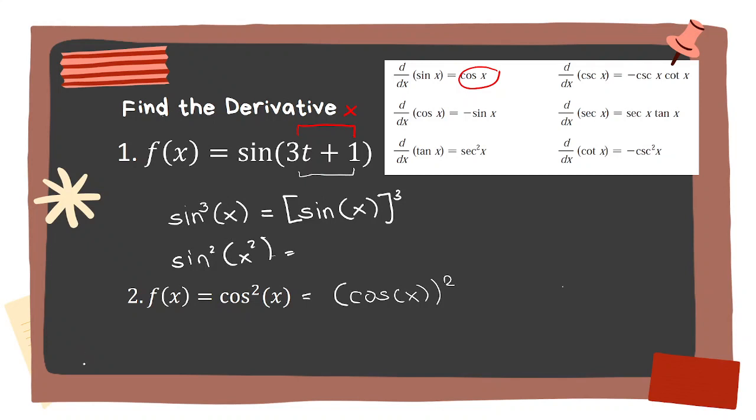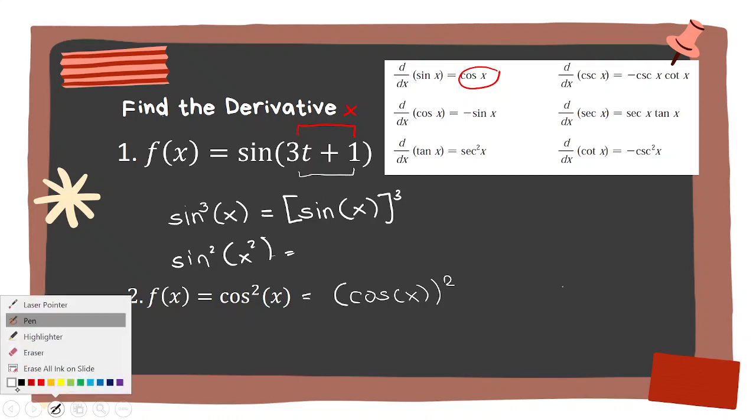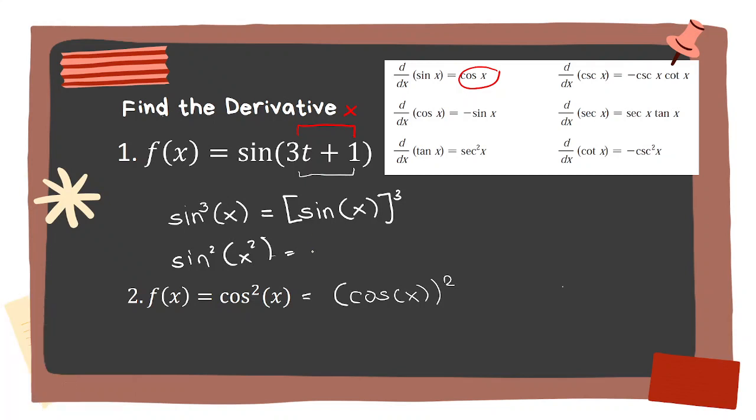Paano kung sine squared tapos x squared? Ano ba ang function ko? This is just equal to sine of x, squared. Gets mo? Ang tan squared x, saan to equal?